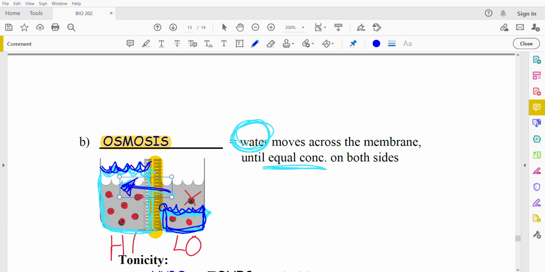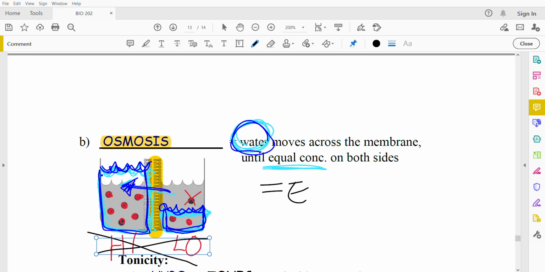This allows us to have the same concentration on both sides of the membrane. So again, at the end of the day, the concentrations are the same until there is an equilibrium.